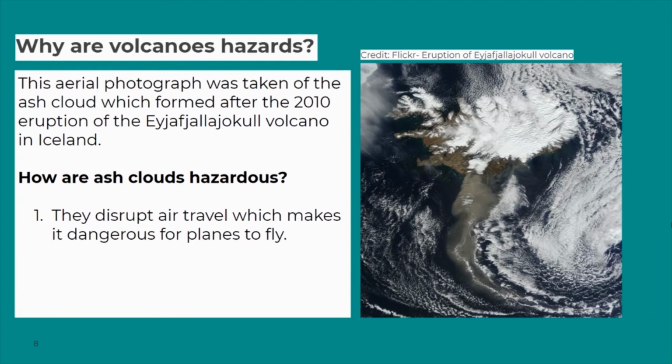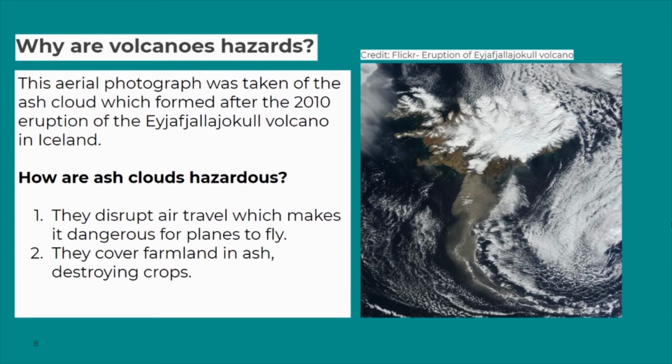And that's because it's dangerous. The ash can get into the engine of the plane and cause it to crash. That is definitely a hazard. So the second problem is that actually the ash can cover farmland and that can destroy the crops underneath. And that's exactly what happened in Iceland after this eruption.